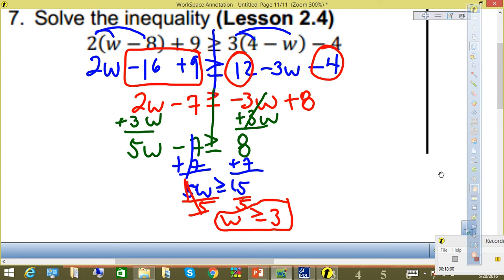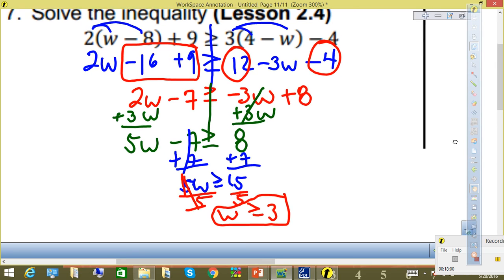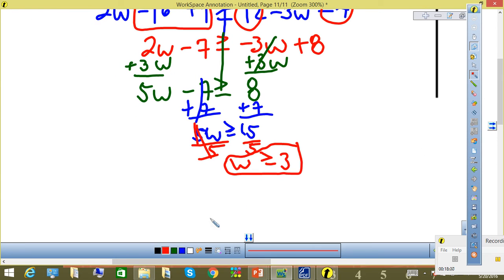So, when we got to these, remember we did the solution set? Yes? What would be the solution set for this one, Dohio? What would be the solution set?